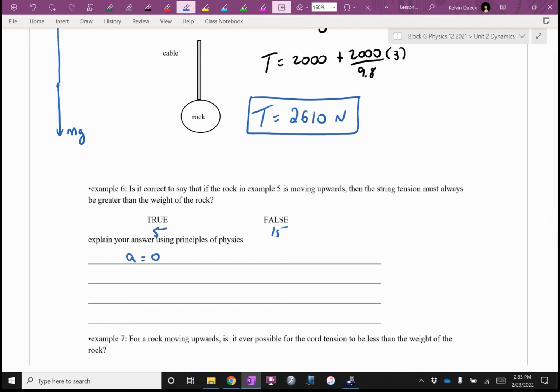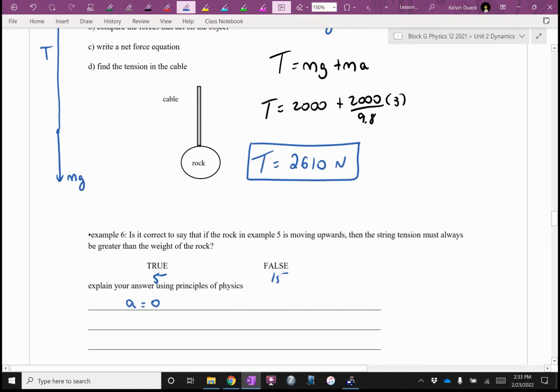Now, if A equals 0, that means the forces must be, I'm looking for a word that starts with letter B. If we're moving up at a constant velocity, then gravity equals tension. And this question said, does tension always have to be bigger than the weight of the rock? Nope, not if it's moving at a constant velocity. They're equal, which is not bigger.